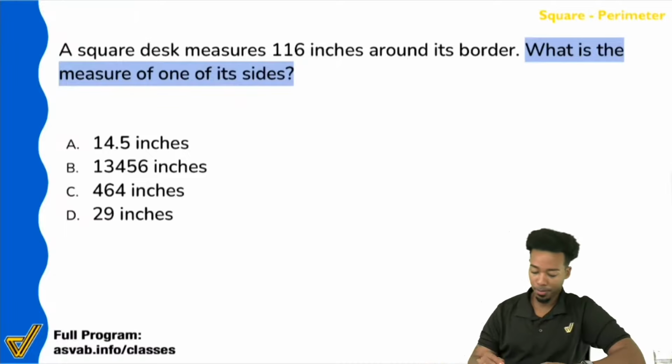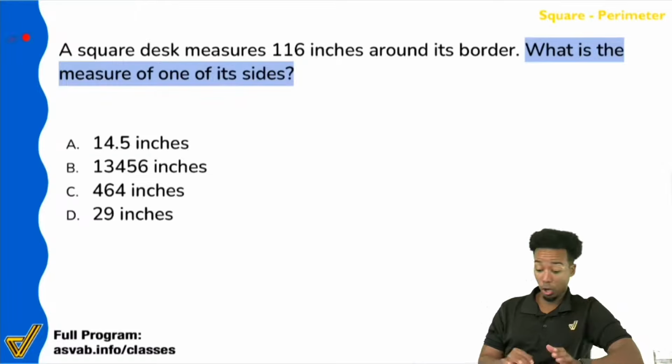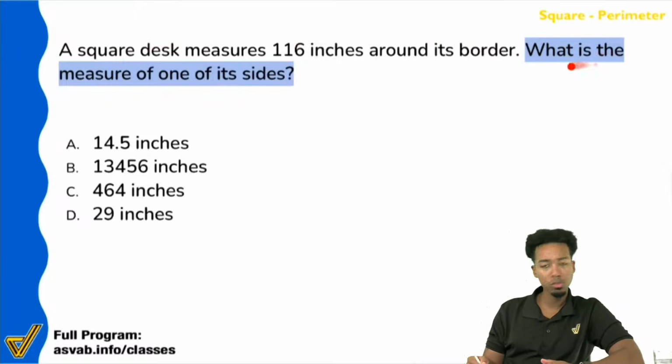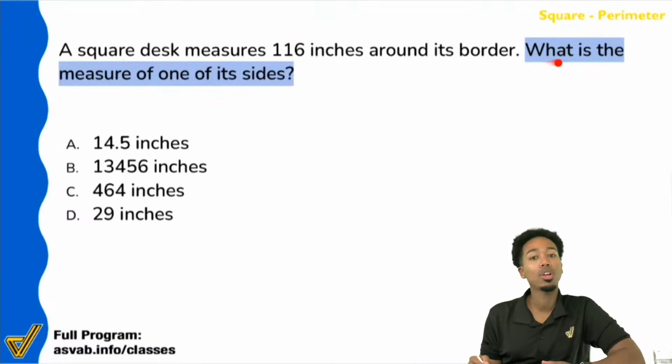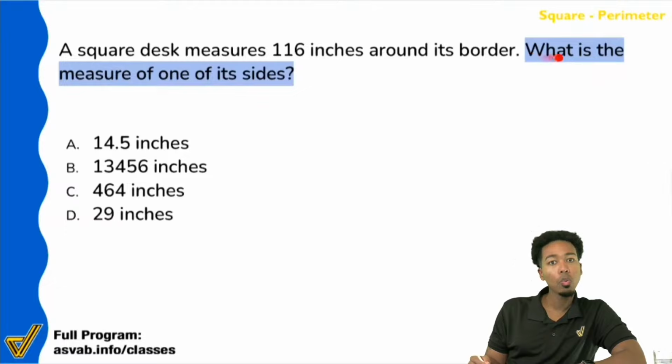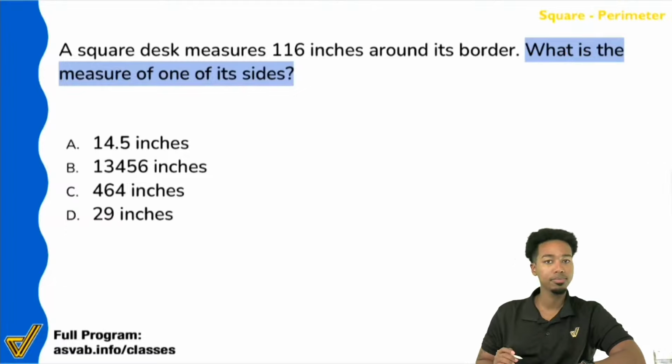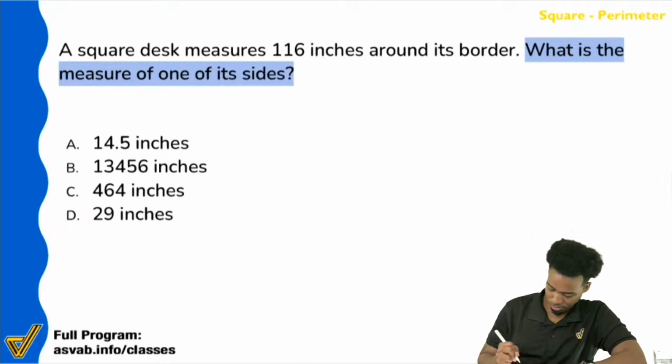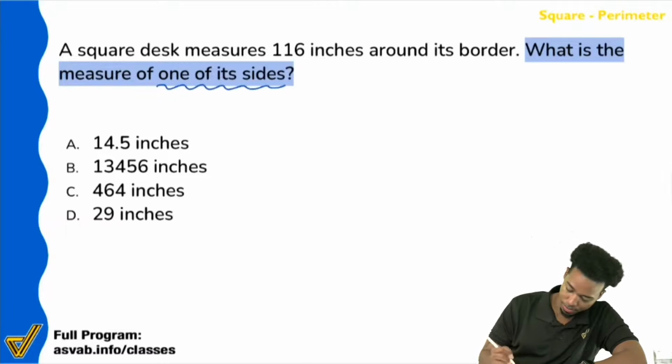Read with me. Again, not the whole question, not the whole problem. Just the question sentence. Whatever follows who, what, when, where, why, how many, which of the following. What is the measure of one of the sides? Right there. One of the sides.